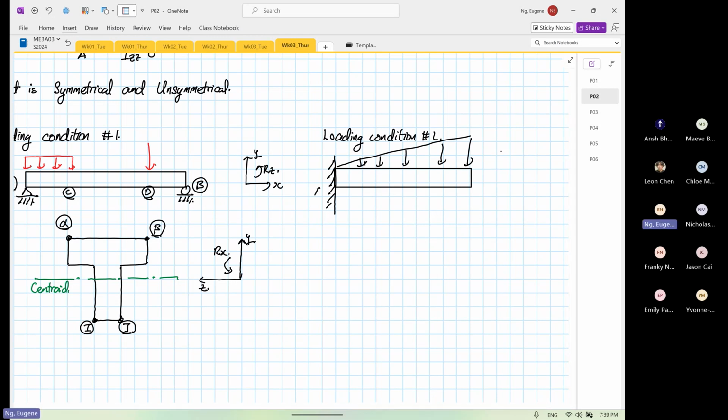Again, I will call this point A, and this is our point B. Okay, and then if we were to look at the cross-sectional view, it looks like this. So this one has a cross-sectional view like that.